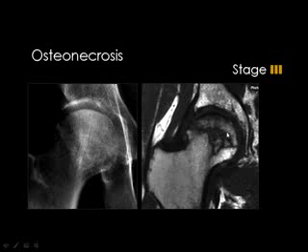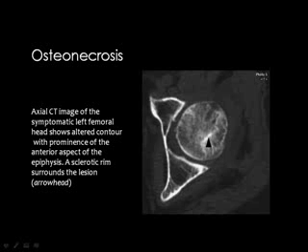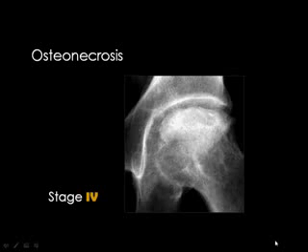If so, then you are dealing with fluid signal, stage 3, or if still black, then you are dealing with bone sclerosis, stage 4. In the CT scan, you may predict the diagnosis of osteonecrosis or avascular necrosis of the femoral head by the presence of bone sclerosis and areas of bone rarefaction.